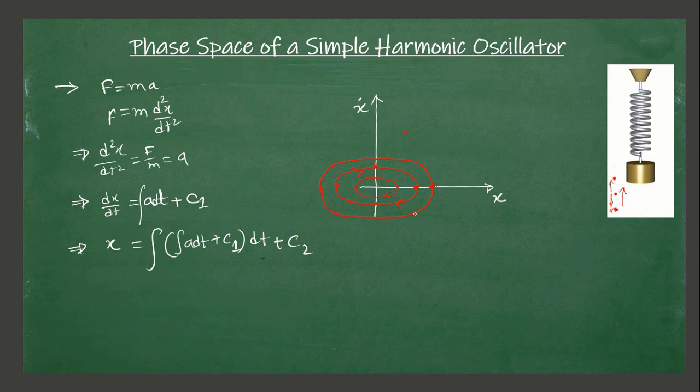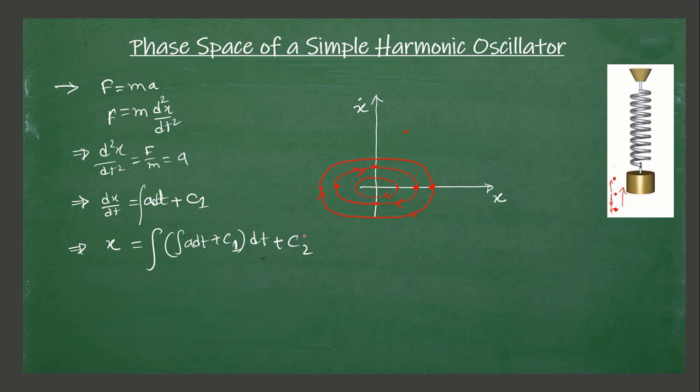Again, it will be in the same direction. Now, the collection of all these trajectories, we call a phase portrait. For different initial conditions, there will be different trajectories, and the collection of all the trajectories we call the phase portrait of that system.